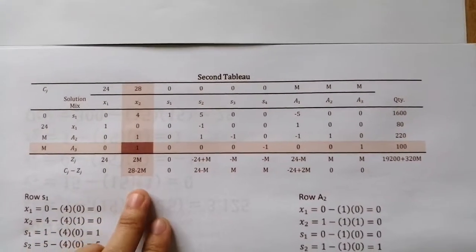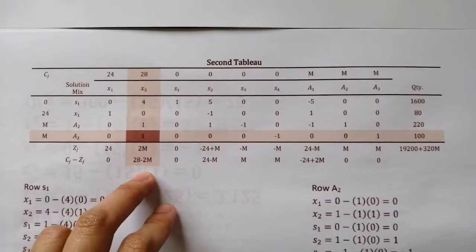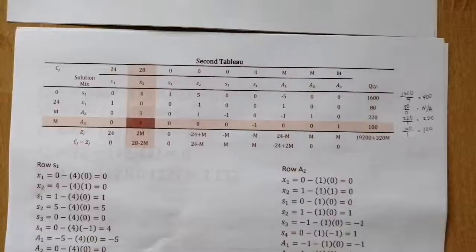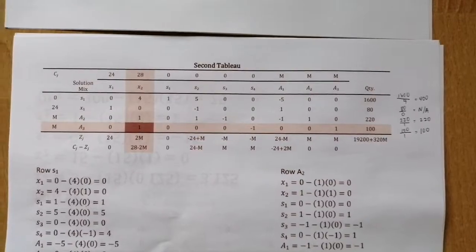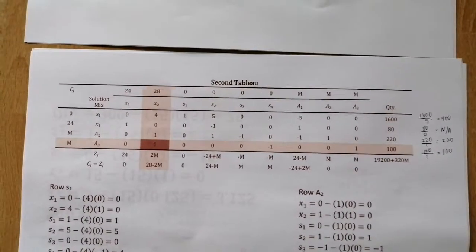So here the pivot column is shown, which is the 28 minus 2m.